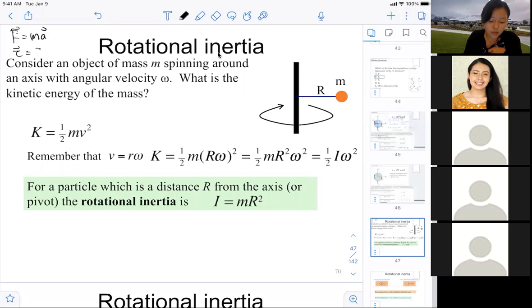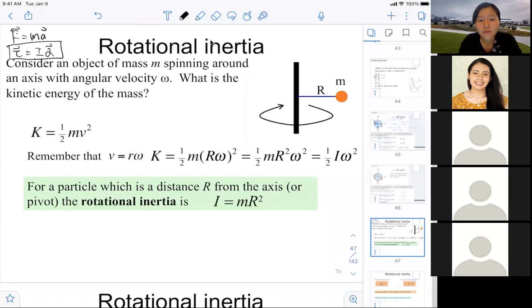And mass becomes I, that's the rotational inertia, and a becomes alpha, the angular acceleration. So now what's left in this Newton's second law for rotation is rotational inertia. So today we'll spend some time to discuss what that represents, what it means, and how to calculate it.